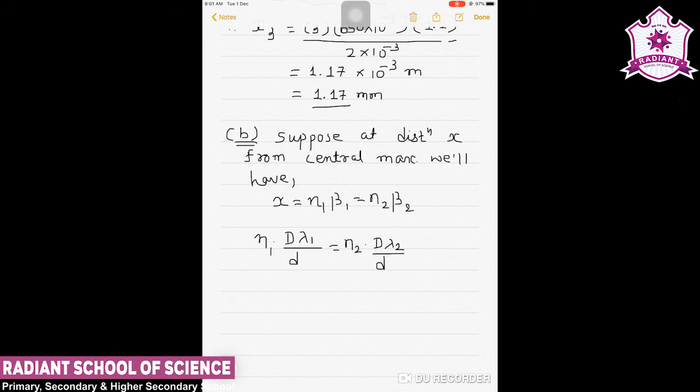Now capital D and small d are the same, and therefore they will cancel out. So we will have n1 lambda 1 is equal to n2 lambda 2.